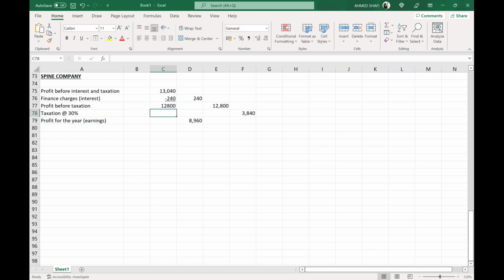So paying 30% of 12800, it's 3840, and then PAT after deducting them is 8960. This is the current position of the company, which I have copied from the question.